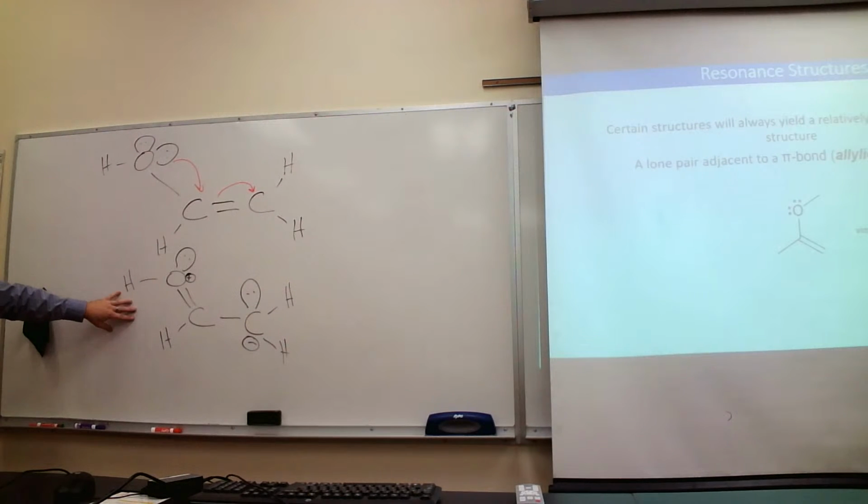We introduced charges. Even if they still add up to zero, we still have formal charges like right here, right? So this is going to be less stable than this. And a lot of times it's because we wind up putting a positive charge on something that's electronegative if we do that.